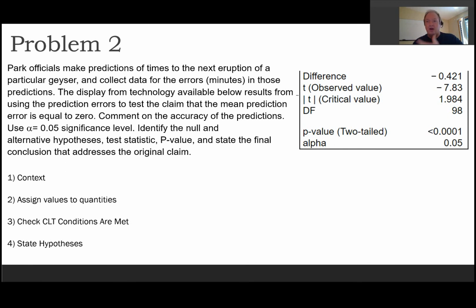Okay, first of all, context. We see the word mean, right? Mean of what? Mean of eruption times. Mean of all eruption times from a particular geyser. That's our population.